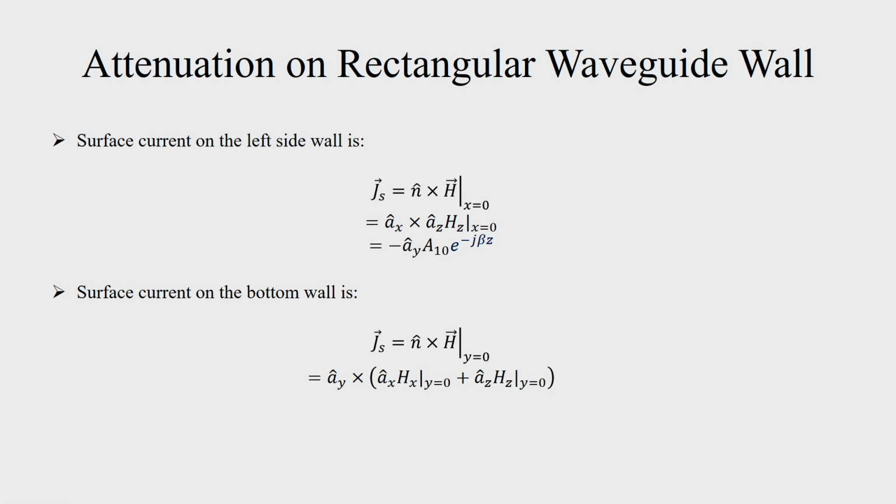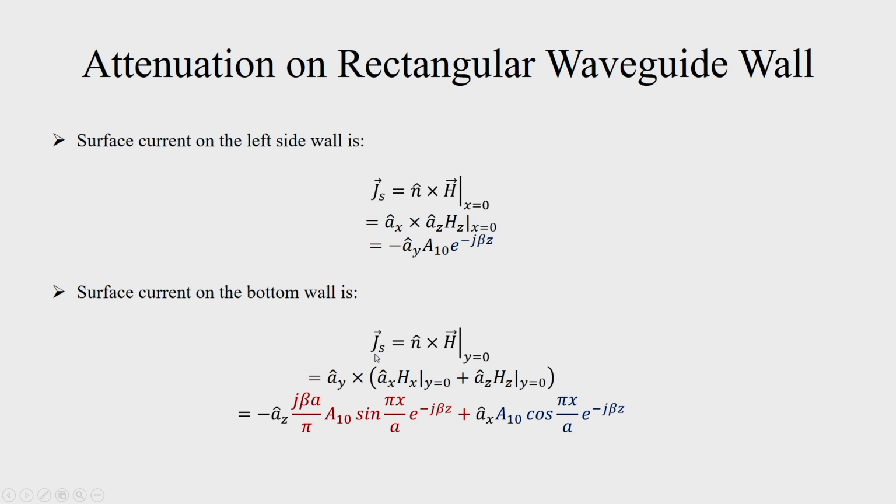Therefore, once we evaluate this expression, ay cross ax Hx at y equal to 0 plus az Hz at y equal to 0, and substitute the expressions for Hx and Hz, we get the surface current on the bottom wall.